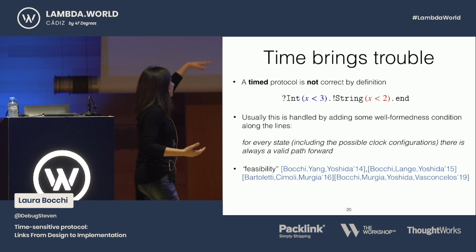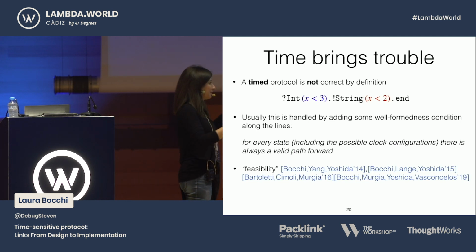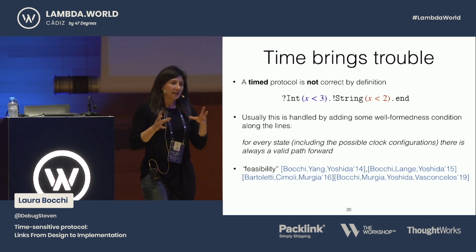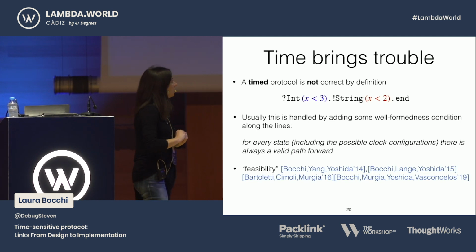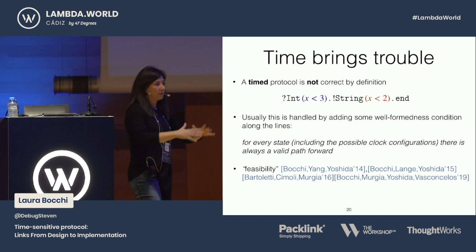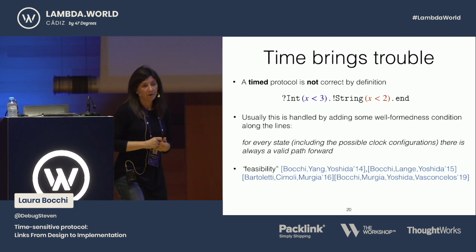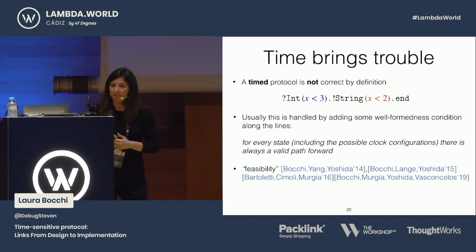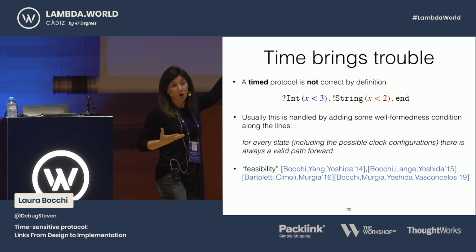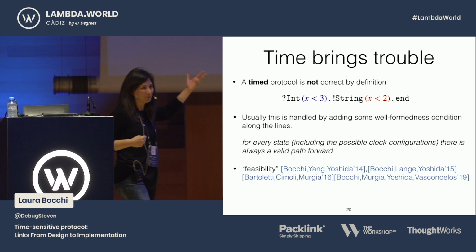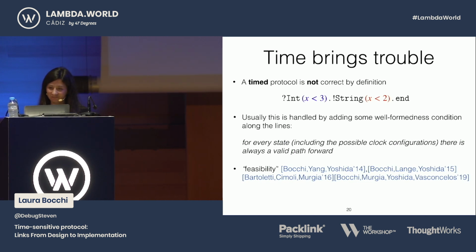There are several notions, several algorithms, but they all go along the lines, check that for every state in the protocol, that includes also the state of the clocks of the protocol, there is always a possible path forward. I didn't mention it, I hope it was clear that X is a clock that we use to define time constraints.